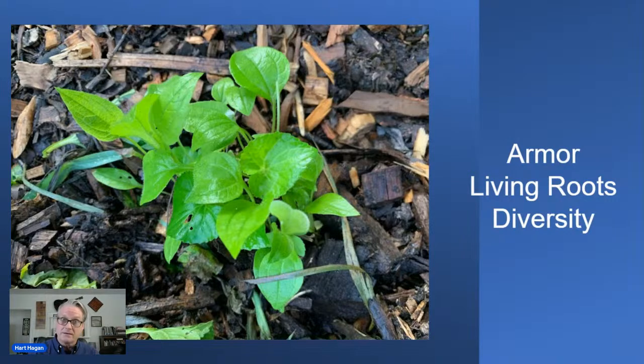But what is more likely, based on my experience, is that both of these will survive, because I've seen it happen, and the benefit of that is that it's diversity. So in this one picture, I have armoring the soil. That's the wood chips. No bare ground. You can use leaves if you want to, but no bare ground. Living roots in the soil and diversity.